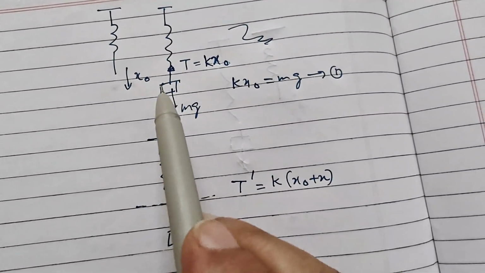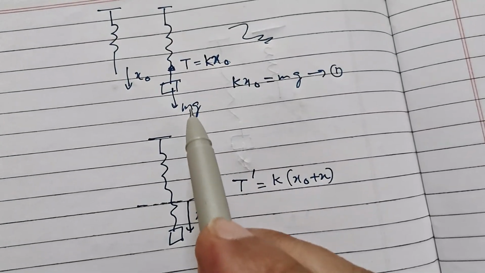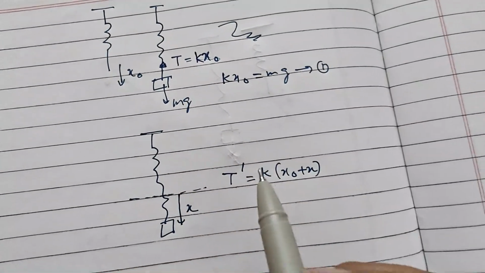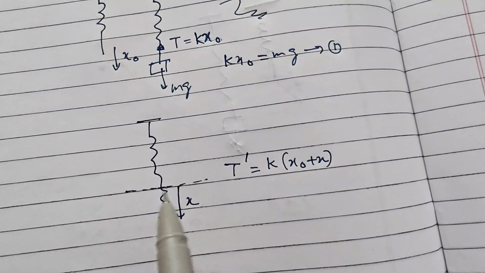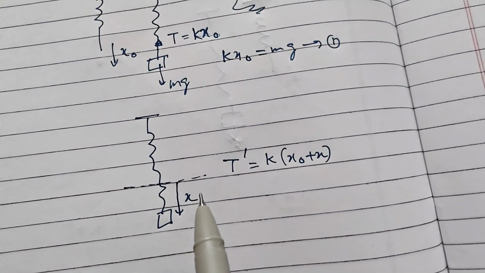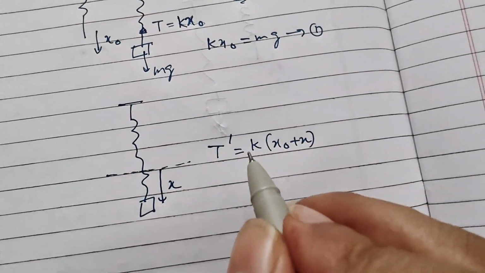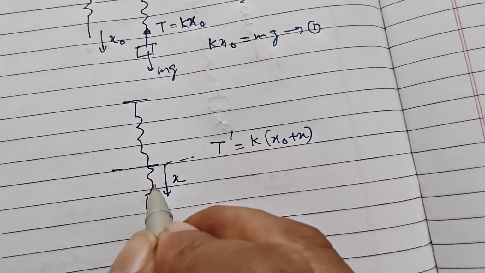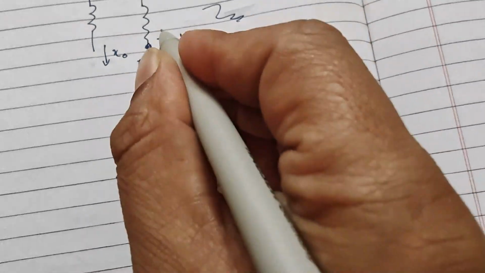So because of this block, the tension force kx naught will balance your mg. But when you further pull it down by x from equilibrium, in SHM, the displacement x is measured from equilibrium, from mean position. So this is the tension force. You can see the tension force now is more than before.